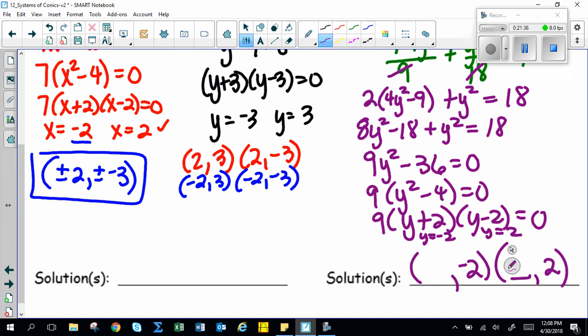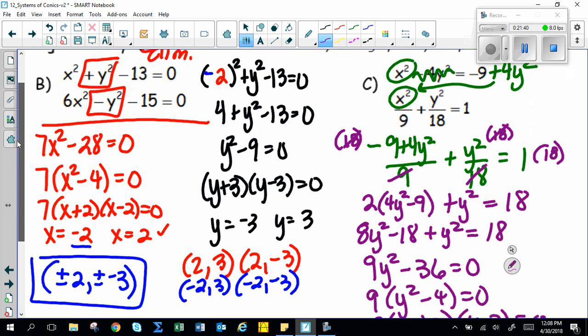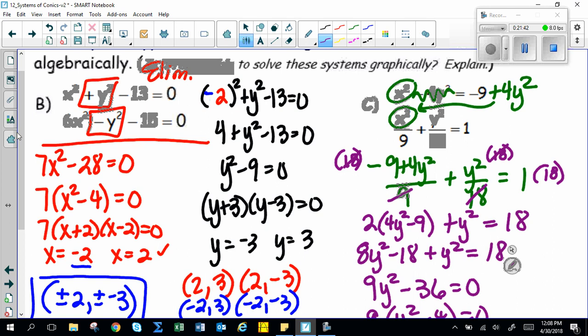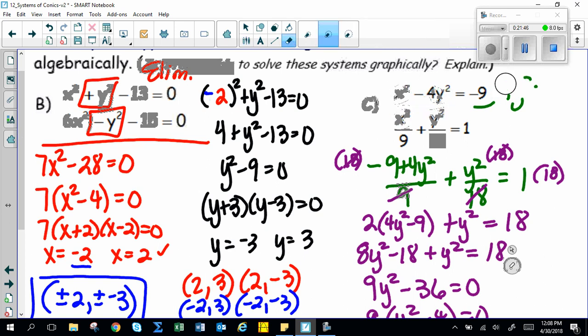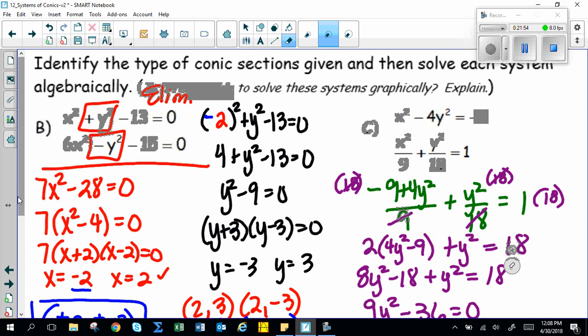So now I have to go back and decide which equation I want to plug those y values into. Which one looks better to you? The first one, I think you're right. Let me erase the stuff I had up here before. So I need a y value. I'll start with that positive 2.